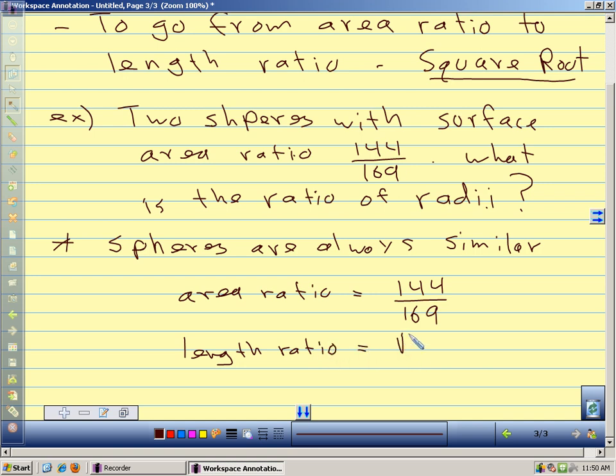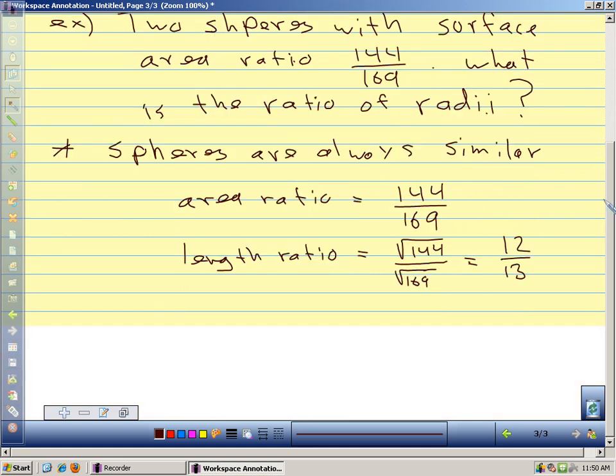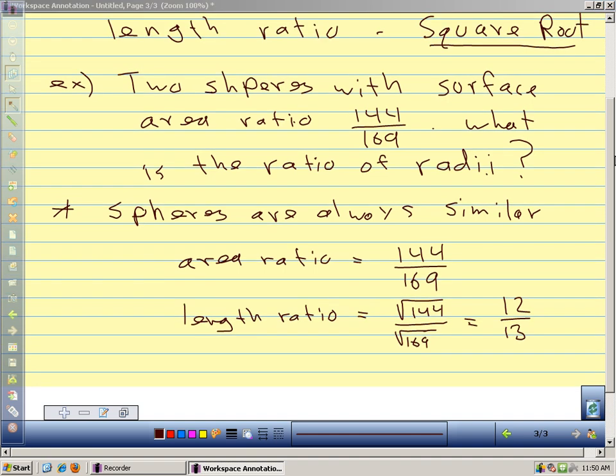Length ratio is the square root of 144 over the square root of 169, and that gives me 12 over 13. So to go from an area ratio to a length ratio for similar figures, we take the square root. Questions on that?